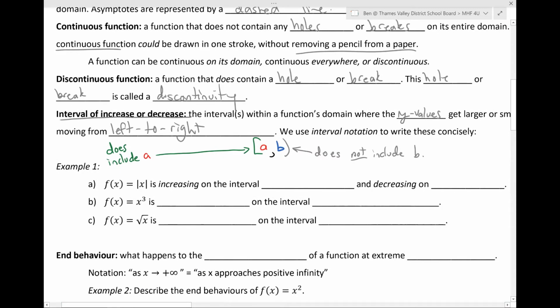I realize I'm jumping a little ahead here, but that happens to be one of our examples. So the radical function is increasing on its interval from 0 to infinity.